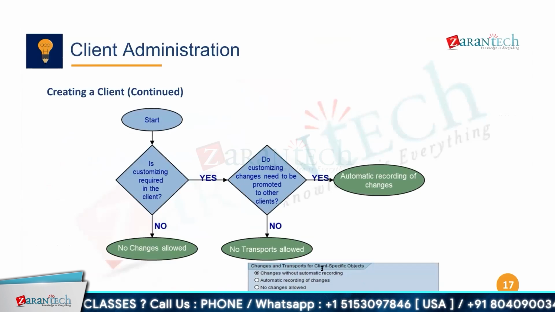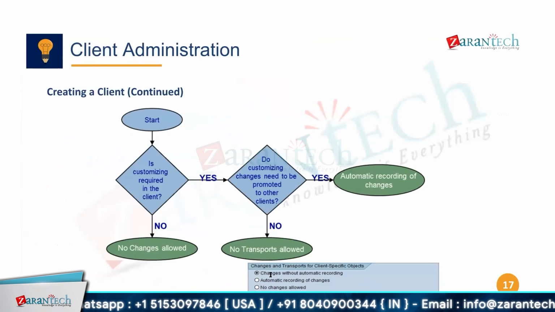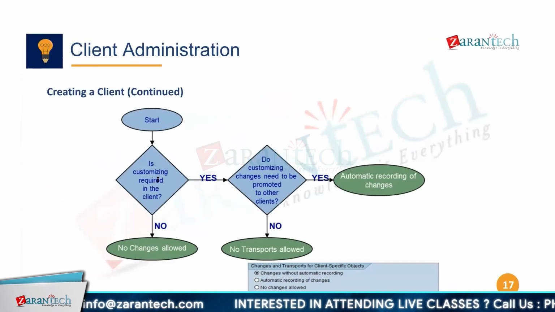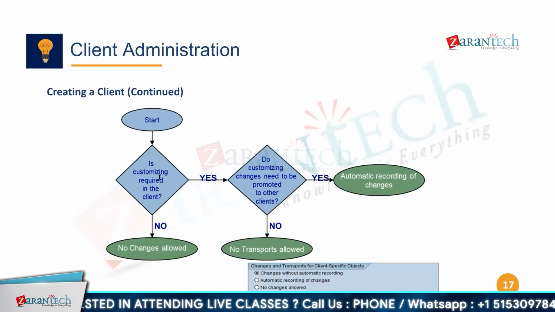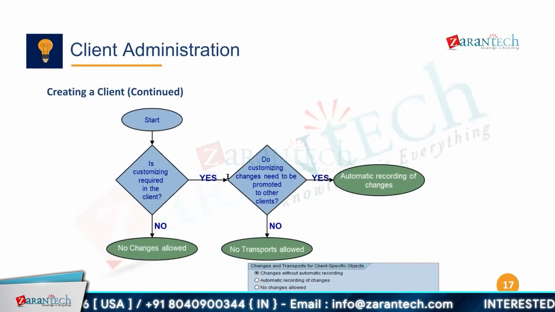I can use the same slide to explain this. What happens if you select without automatic recording? You need to understand your business context or the purpose of this client. Start: is customizing required in the client? Customizing means any development or any changes to the functionalities. Your answer is yes.